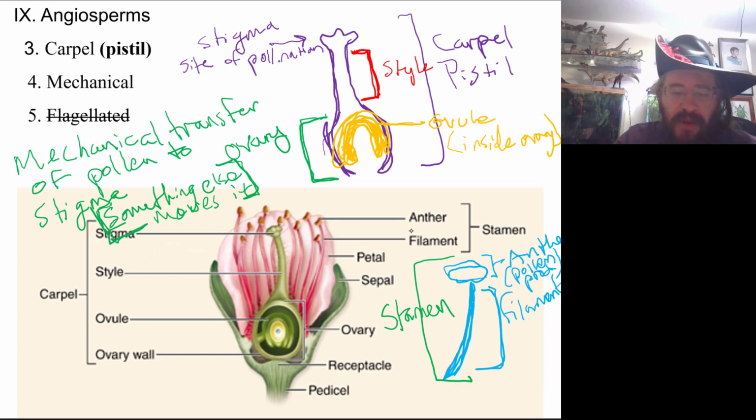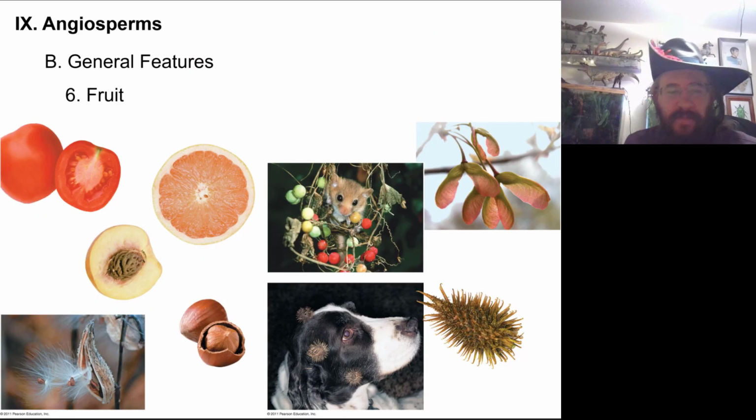So, kind of cool. Lots of mechanisms against self-fertilization. Not that it can't happen, but there are mechanisms that reduce its frequency enough that sex between unrelated individuals is generally how we're getting new plants.